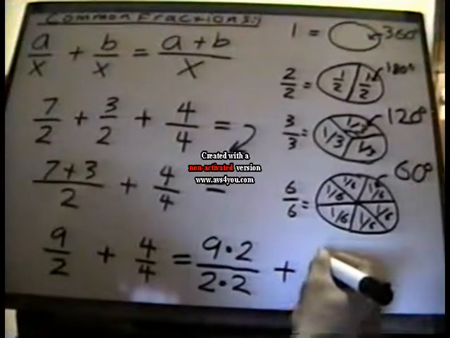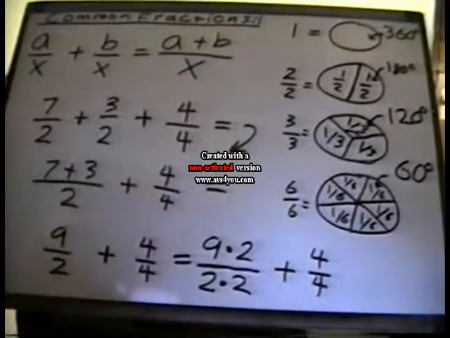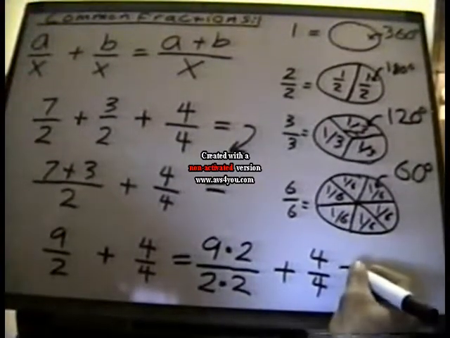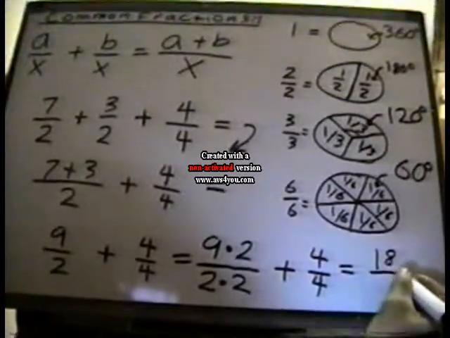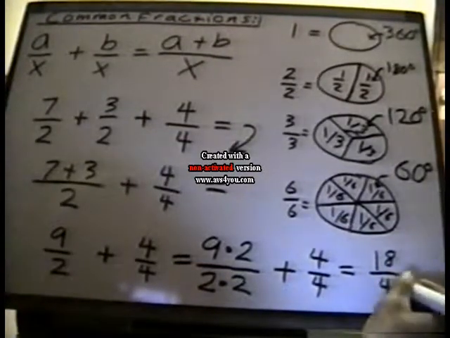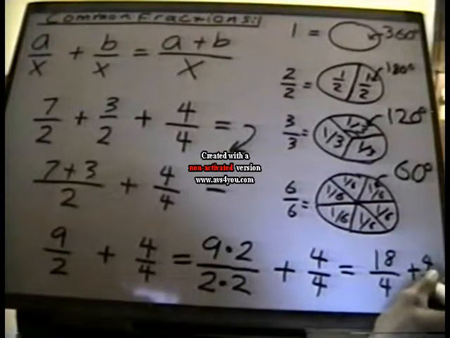And now we're going to add, and bring over the rest. Now 9 times 2 is 18. Two times 2 is 4. And we're going to add that to 4 over 4.